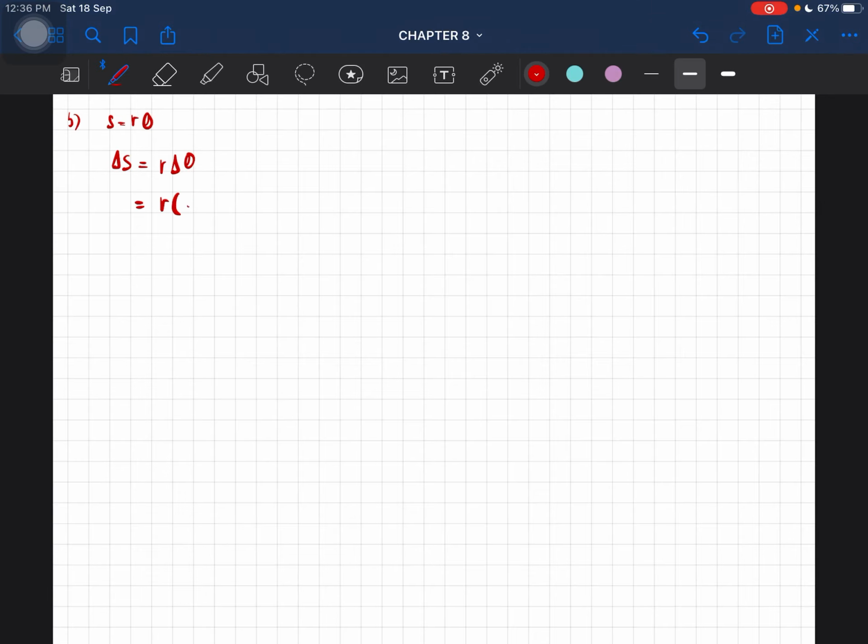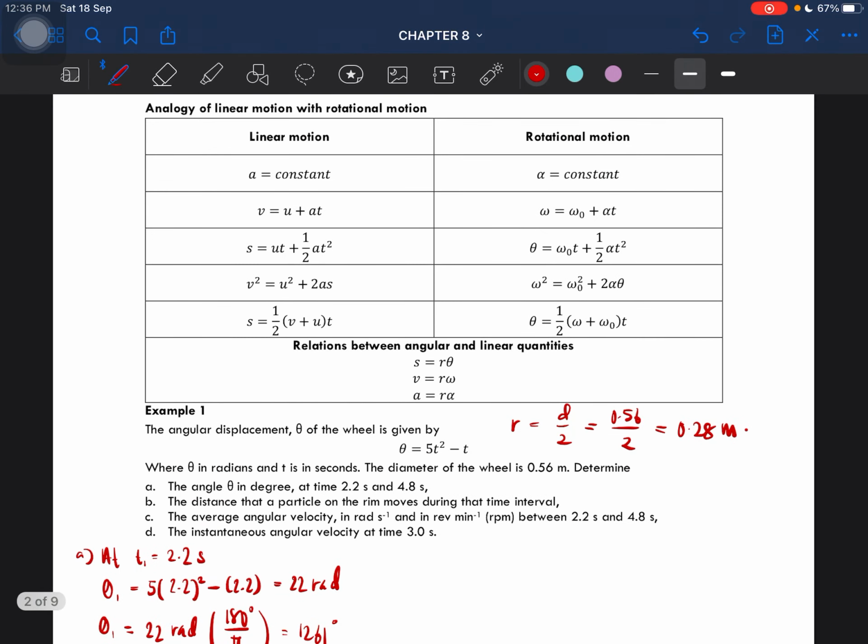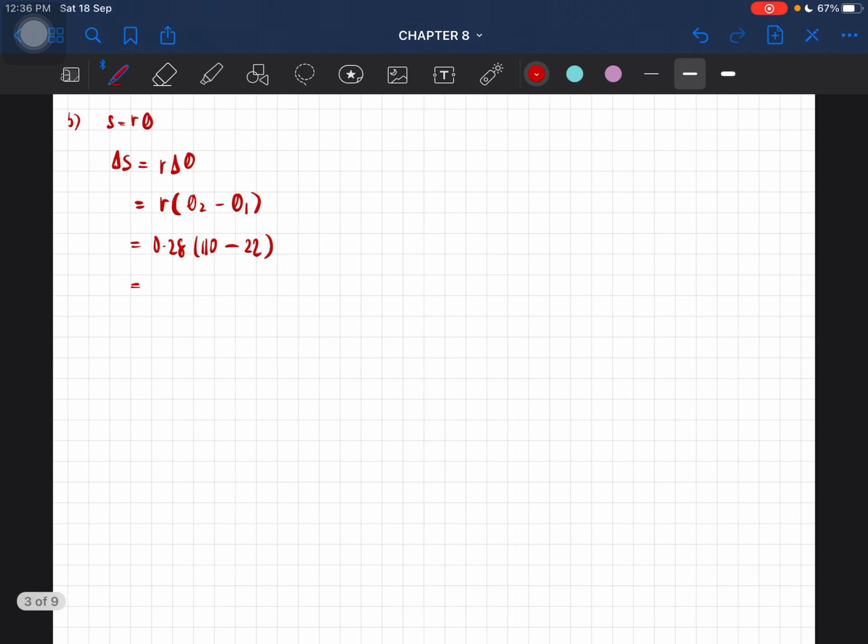So this is R times theta 2 minus theta 1. Substitute 0.28 times 110 minus 22. So you then get the distance that the particle moves during this 2.2 until 4.8 seconds to be equal to 24.6 meter.